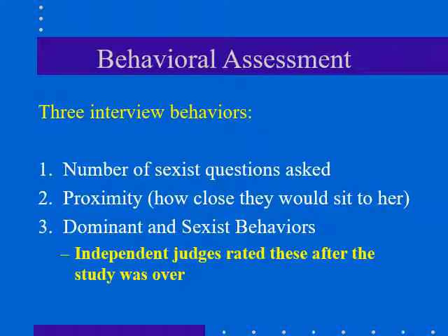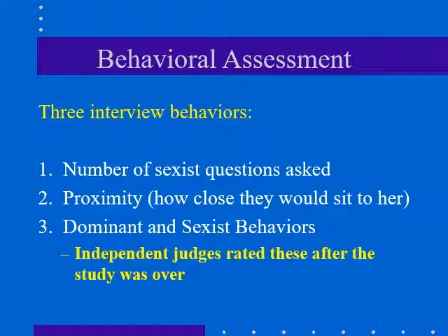So we're going to use 3 ways of measuring interview behaviors. The first is the number of sexist questions that they're going to ask of our female Confederate during an interview where she's supposedly auditioning to be an applicant for an office manager job. The second one is proximity, which is just how close are they going to sit next to her while they interview her.